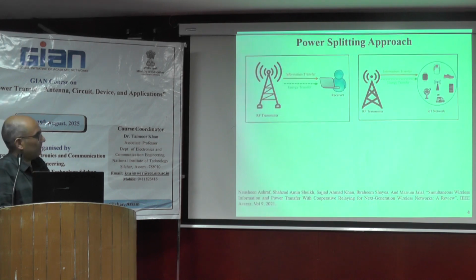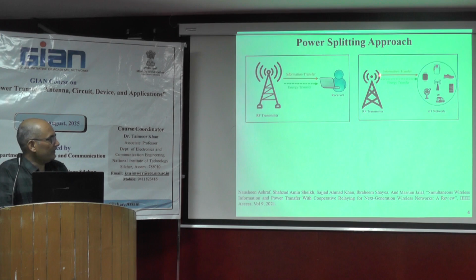Now coming to the power splitting approach. Like in traditional microwave engineering we also discussed power dividers as well as power combiners, and also the waveguide. But here I am taking it in the reference of SWIPT, where you have a source which gives both information and energy to the receiver side.